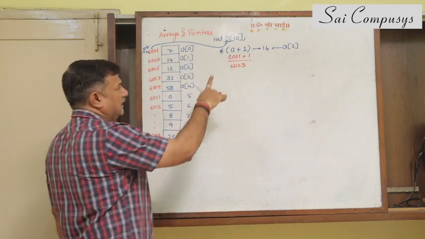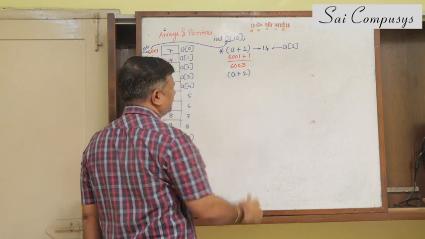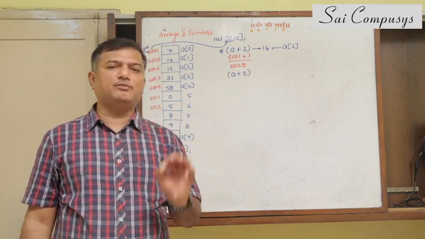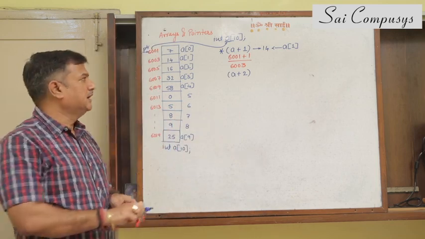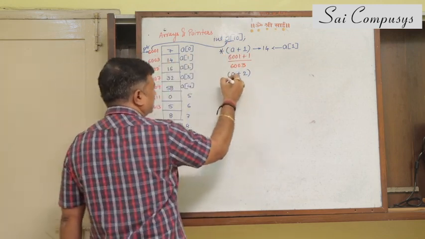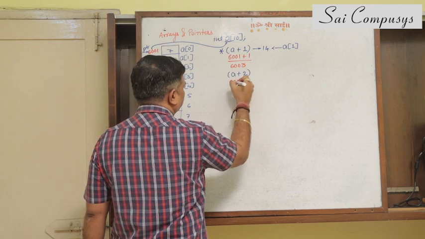Next. A similar sort of thing I'll write for you. A plus 2. I'll repeat everything. A is the name of array contains starting address. In this example, A is the name of array contains the starting address, that is 6001 plus 2.